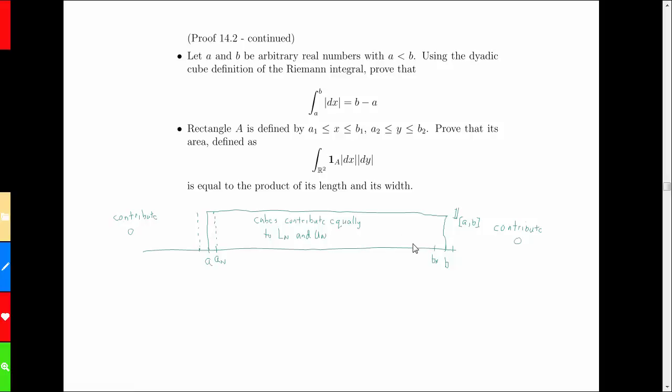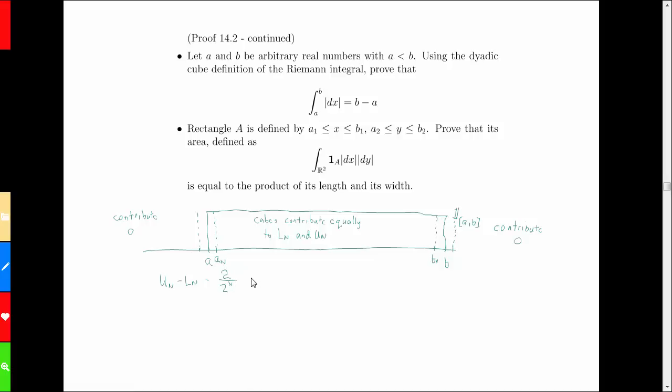This cube contributes to the upper sum but not to the lower sum. So does that one. And it follows that when we calculate the difference between the upper sum and the lower sum, it's going to come entirely from those two cubes. There are going to be two of them. Each has a length 1 over 2 to the n.